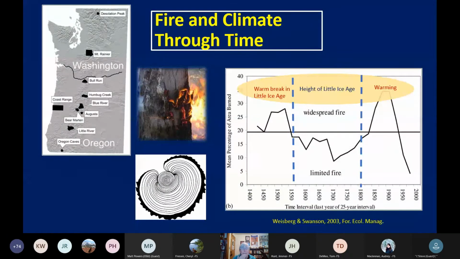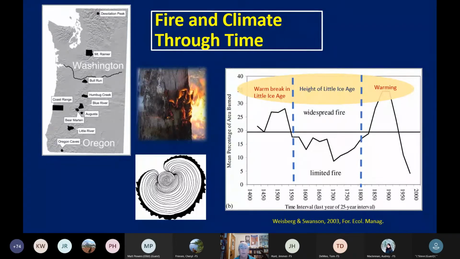And I really like this graphic to illustrate the relationship between fire and climate. Weisberg and Swanson pooled all of the information from our fire history studies on the west side, largely of Oregon, and calculated how many acres burned through time over quarter century intervals.